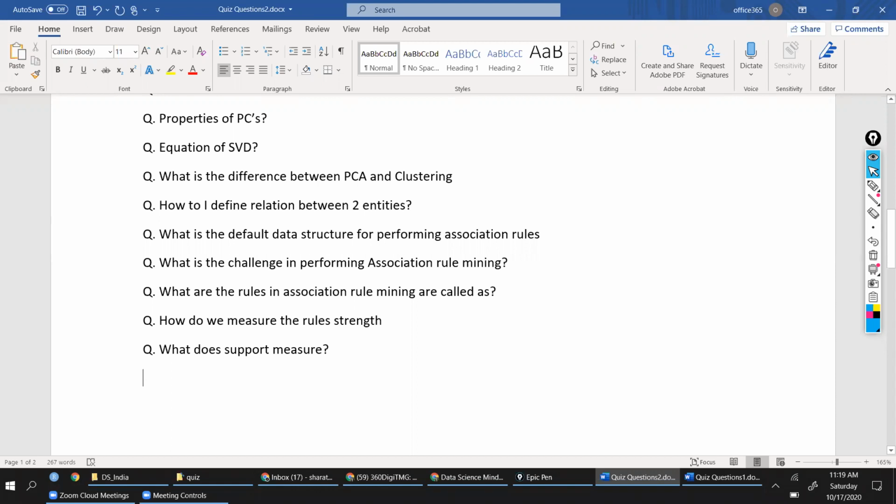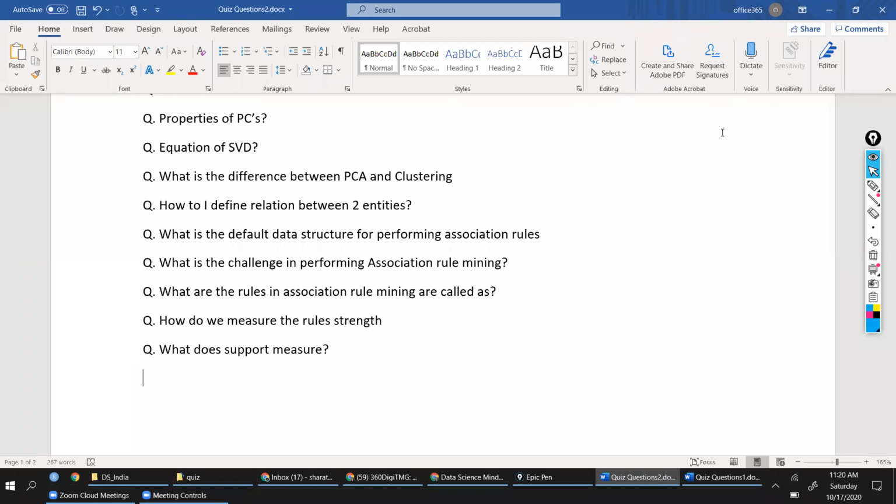It simply calculates frequencies, guys. Support is nothing but frequency, and this frequency is represented as probability.